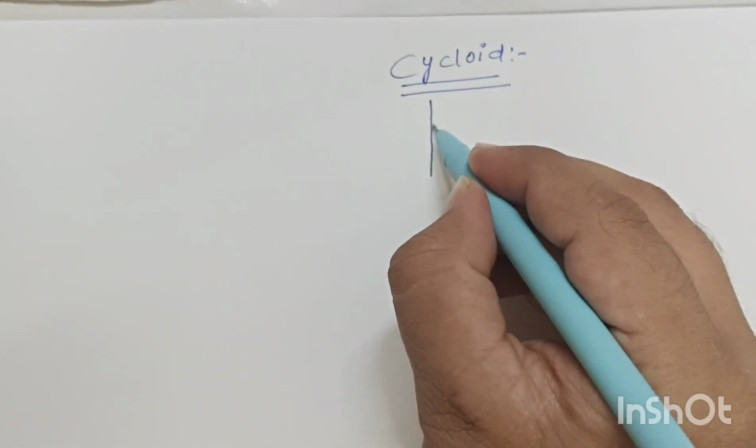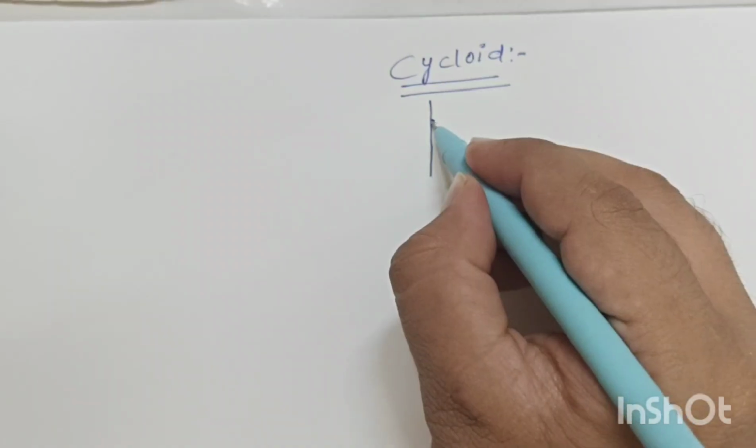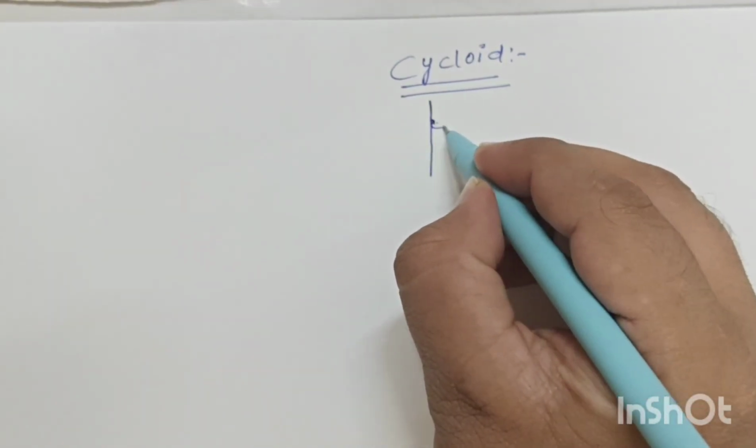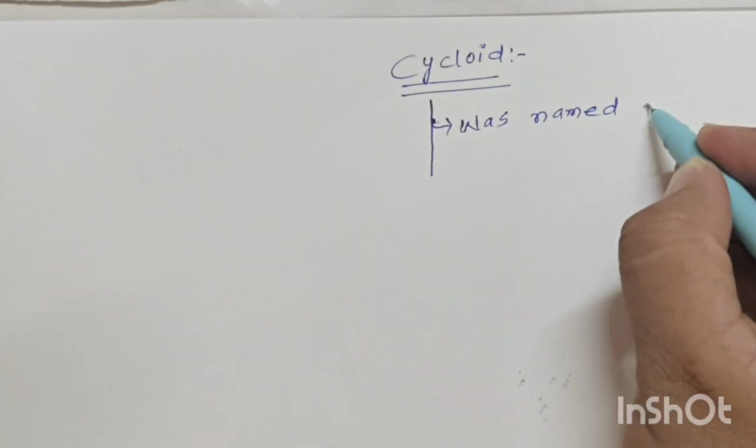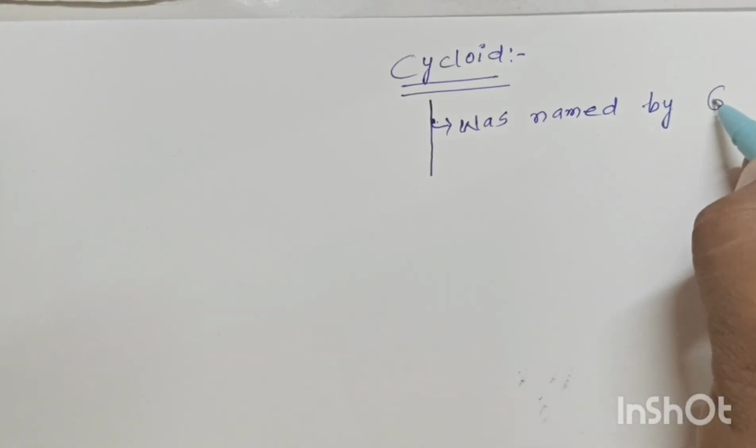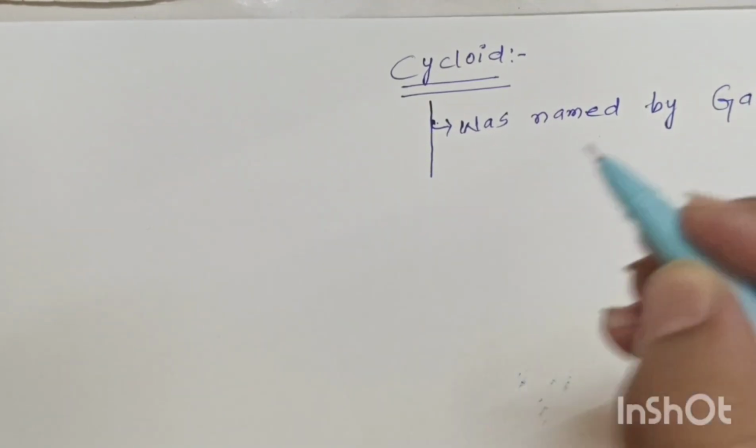First thing is the cycloid was a name given by Galileo in 1599.